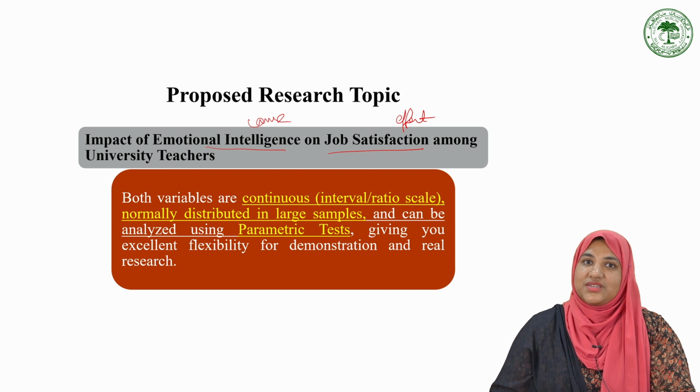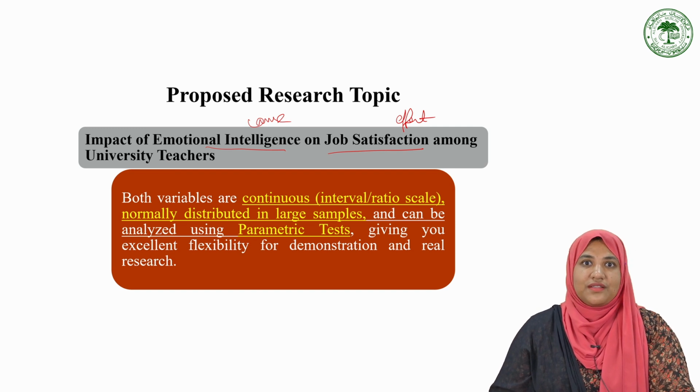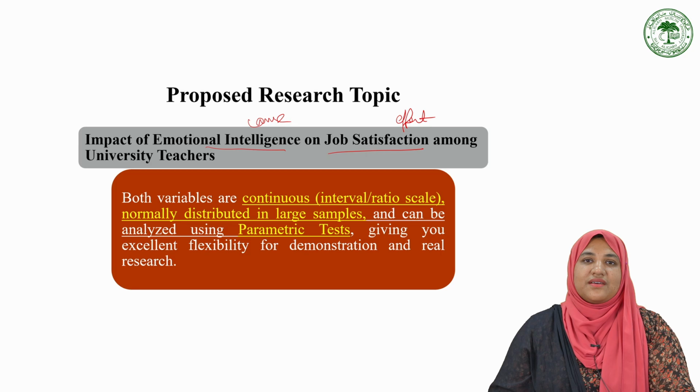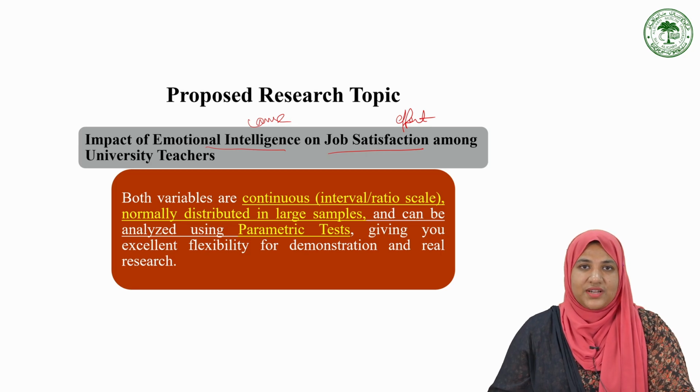And the next assumption is the first and foremost assumption that we always tell: we assume that the data is normally distributed in large samples. We have taken university teachers, and just take an example, like we have taken 3 or 4 universities and our sample is around 200 to 250, and we are checking their job satisfaction level.